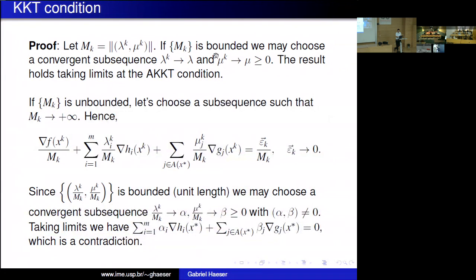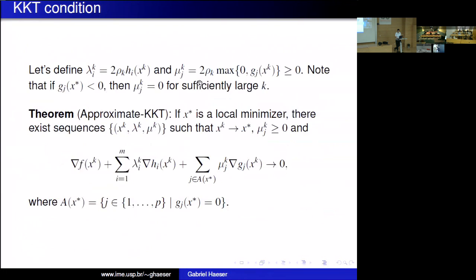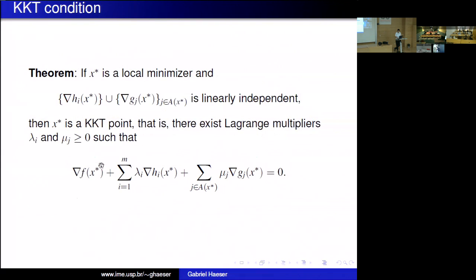Since this sequence is non-negative, the limit must also be non-negative, so this multiplier has the correct sign. And the result follows if I simply take limits on the previous condition here. Everything is convergent. So this converges to this. So this must be 0.